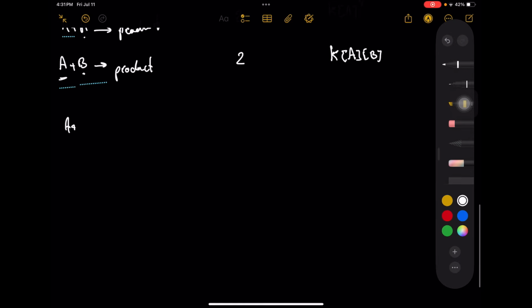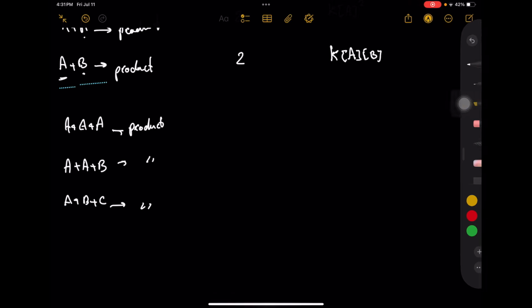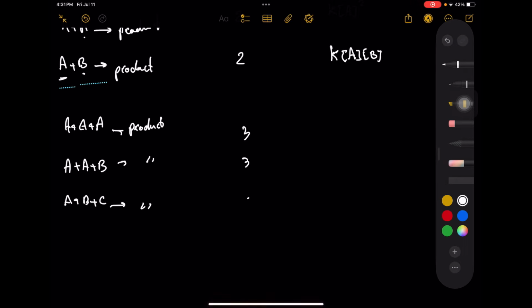Now if we have the third level of molecularity, it would be like this. For example, A plus A plus A produces product, or A plus A plus B, or for example A plus B plus C produces product. The molecularity would be 3, but the third level is a rare thing, so they probably won't give you many examples, but there's always a chance for it.